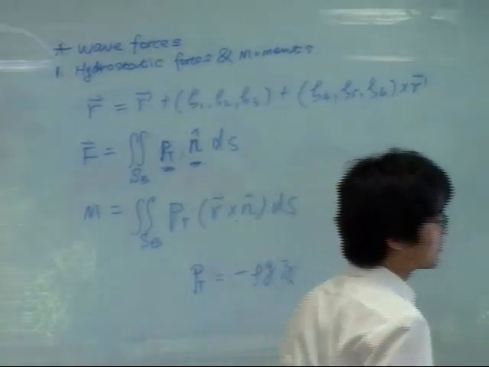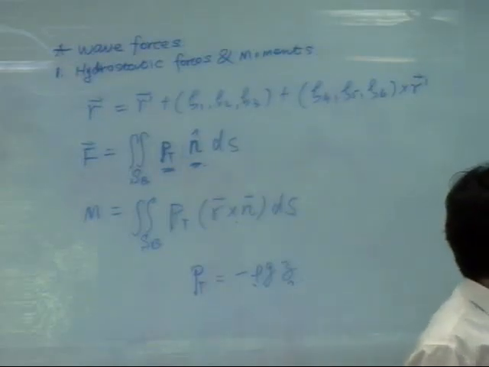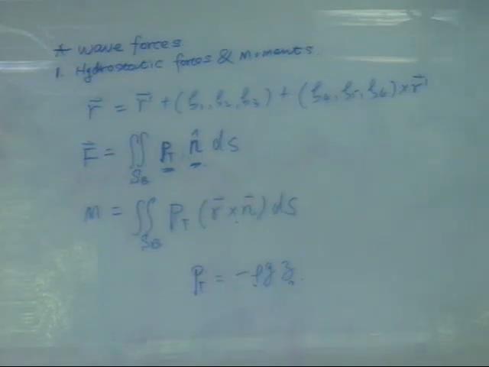And typically, the instantaneous wetted surface is hard to compute. For simplicity, we just use the mean water wetted surface. That is, instead of tracking this green area, we track the z equal to 0 line and the body structure, this section.